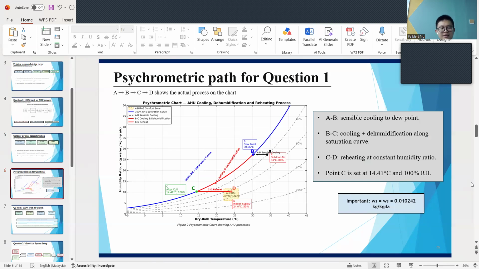During this reheating, the humidity ratio remains constant, so W2 equals W3, which is 0.010242. Point D is the final supply condition, which is 24 Celsius and 55% relative humidity. This process shows why dehumidification and reheating are needed in tropical air conditioning. You can see this slide.